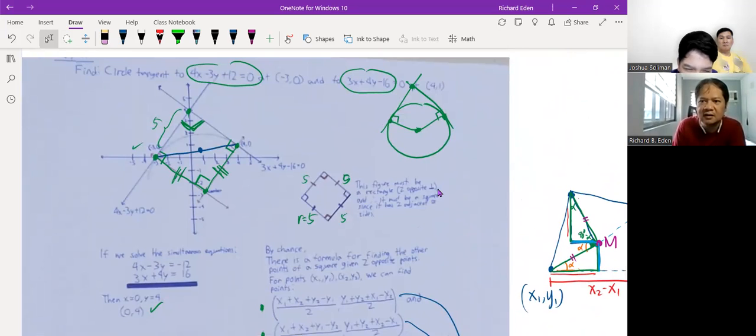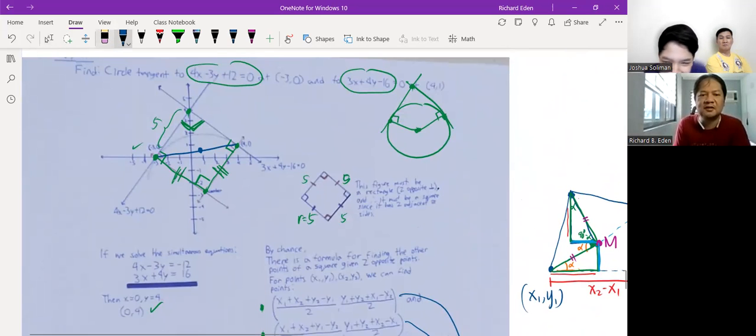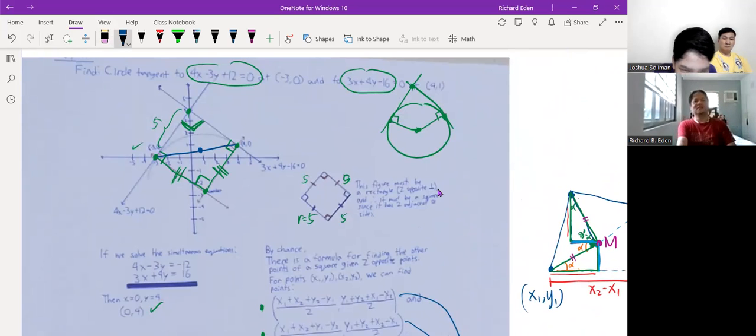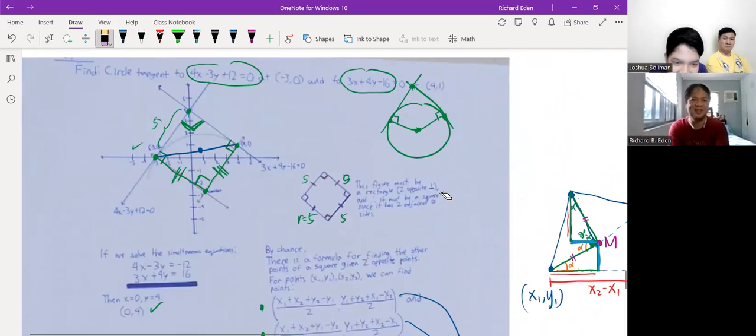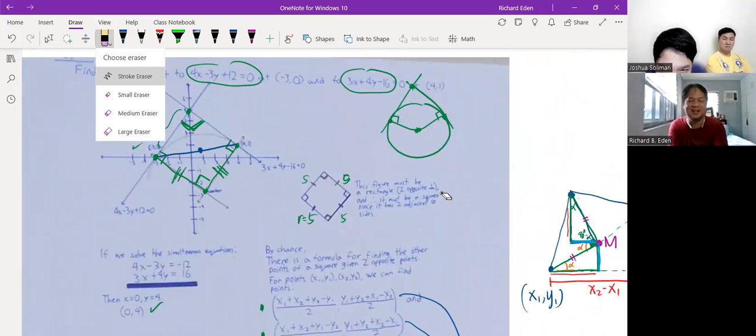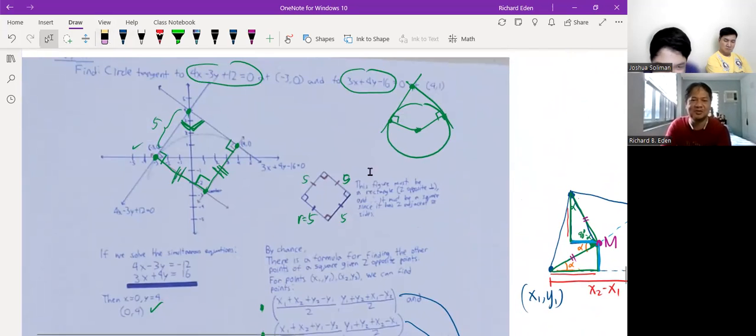No. Oh, wait a minute. It will. Oh, no, wait. No, sorry. You're right. Sorry, I was thinking of something else. Never mind. We're looking for not the center of the square, but the center of the circle. I thought it's the center of the square. The center of the circle is what we need, which means we really need the center.